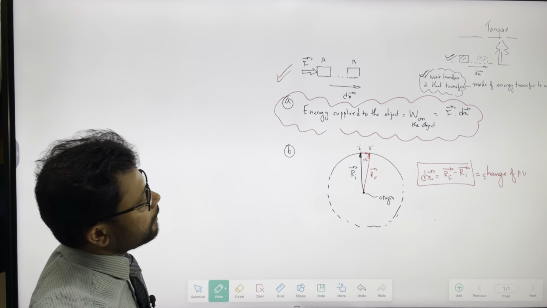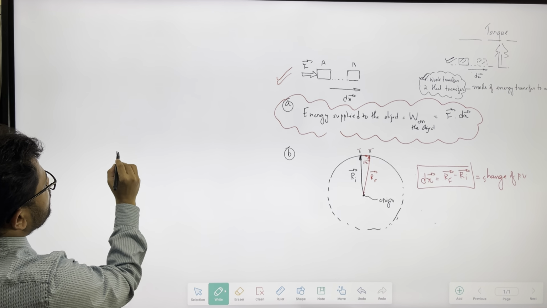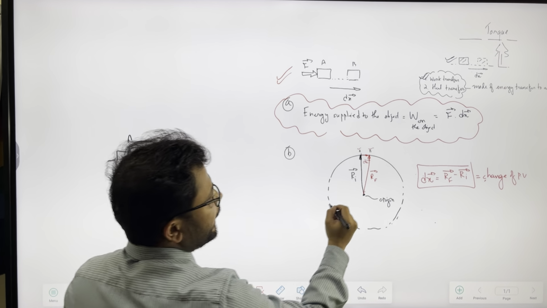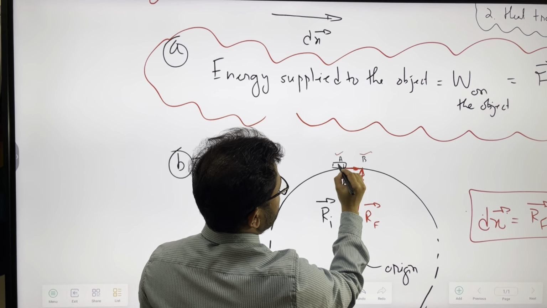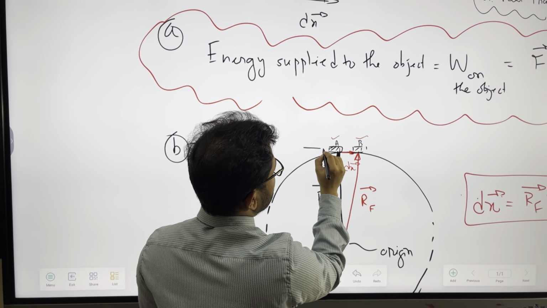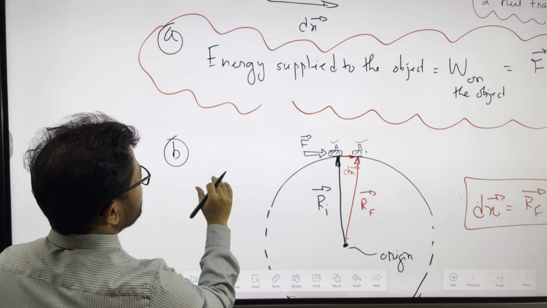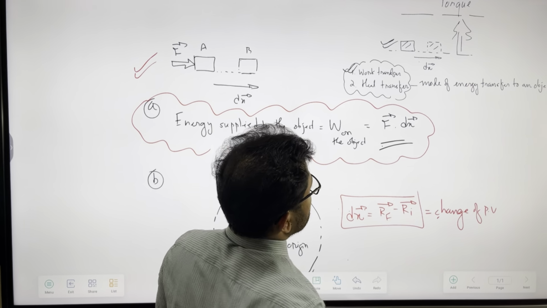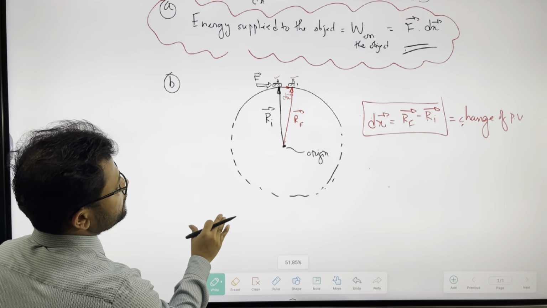So, if we again draw this object at position A, imagine it to be that object we talked about earlier, and it was moved from this position to that position on application of this force, then we can write the work on this object is equal to F vector dot dx vector.